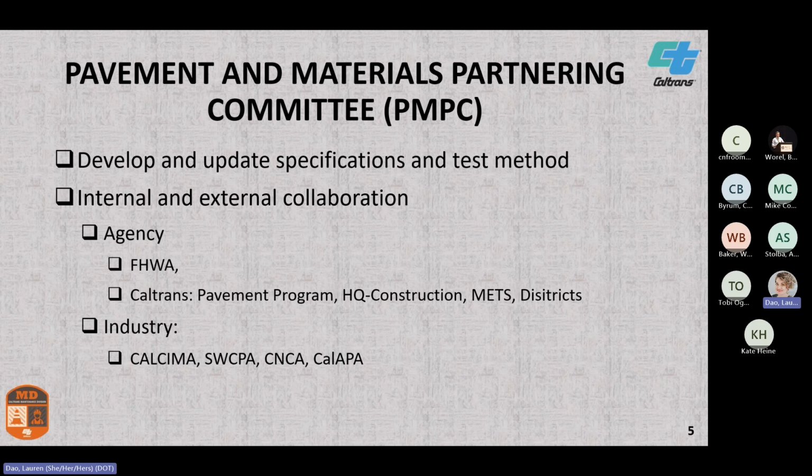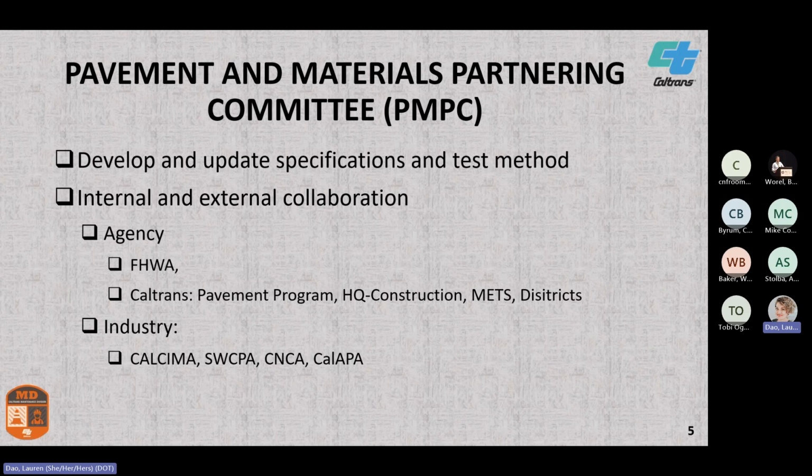To use any of those technologies, we need standard specifications. The way we develop standard specifications in California is through a committee called the Pavement and Material Partnering Committee. It is partnered with industries, with 50% of members from industries and 50% from Caltrans.